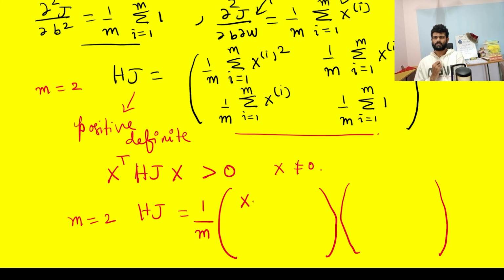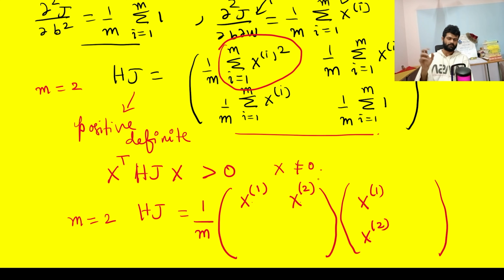Now, maybe I'm just guessing here, this particular matrix will be x1, and then x2, because there are only two. So x1, x2. And if I multiply x1 and x1, that's x1 squared. And then x2 times x2 is x2 squared. And then you add them together.